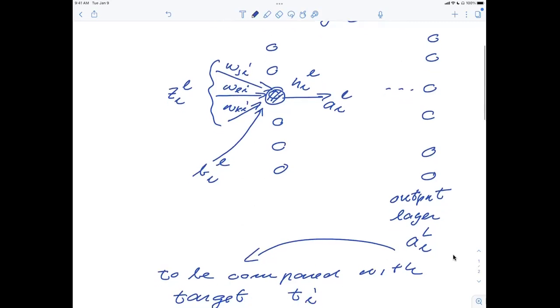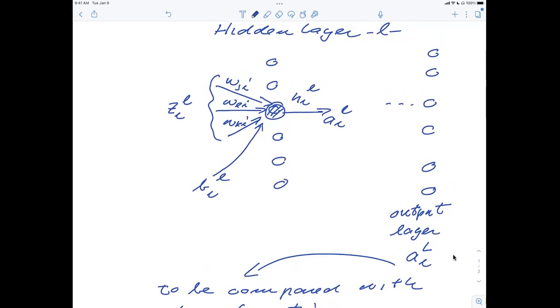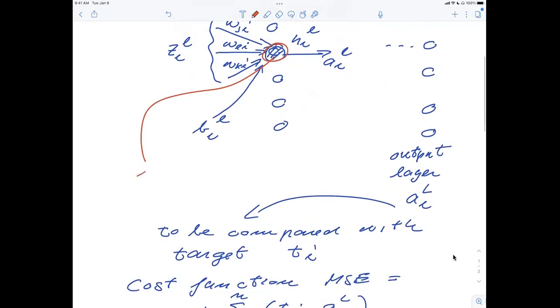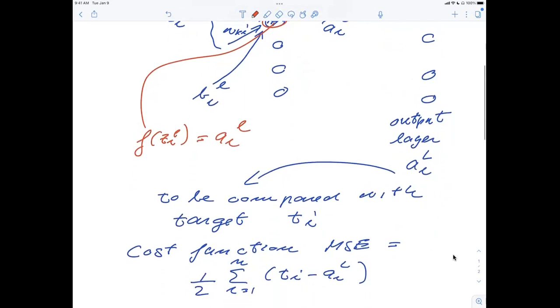Now, the function which we defined then, the so-called activation function, is a function which now plays a very important role here, because that becomes a kind of parameter. So the input here produces an output for a function f of z_i^l, and that gives us an output a_i^l. So the function which we have here is a function which we call the activation function.